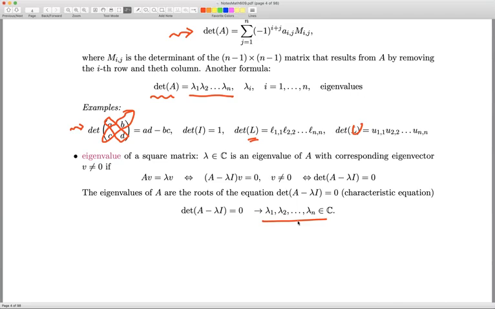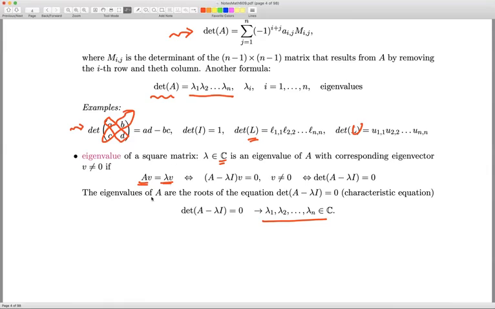An eigenvalue of a square matrix is a complex number. We say that lambda is an eigenvalue of the matrix A with corresponding eigenvector V, which is non-zero, if when we apply the matrix A to the vector V, we end up with a multiple of the vector V, and this multiple is exactly lambda times V.